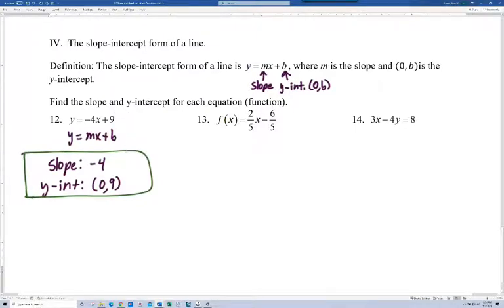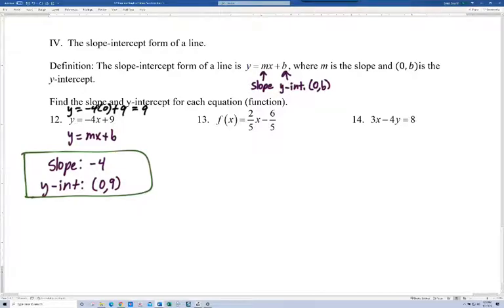Now that's not really surprising, because if you said y equals -4x plus 9, and let x be 0, that's -4 times 0, which is 0, plus 9. And so when you plug in 0 for x, y does equal 9. But all you have to do is look here, and you'll always know what your y-intercept is.